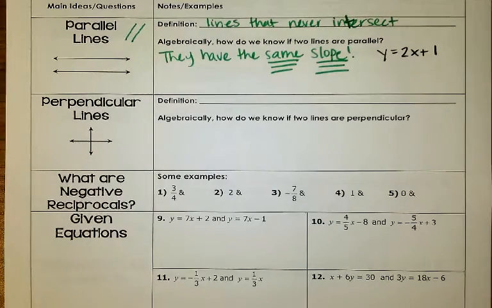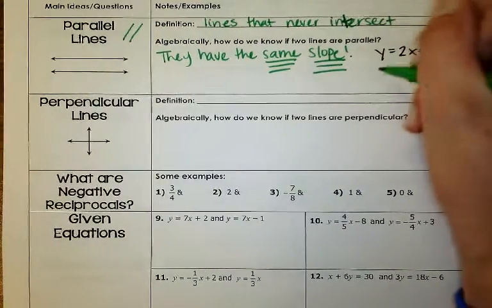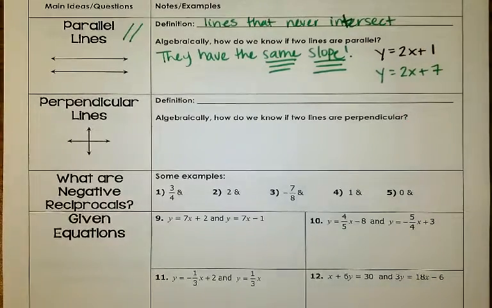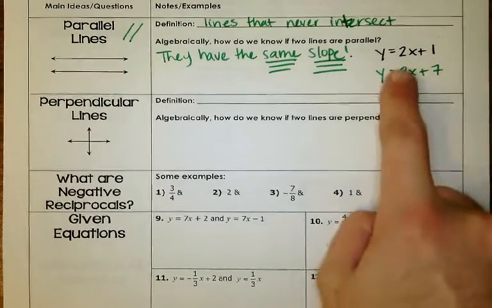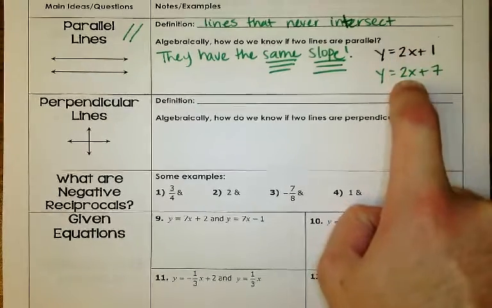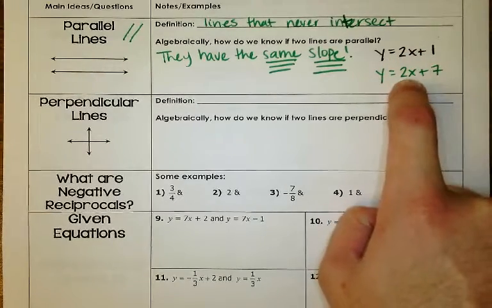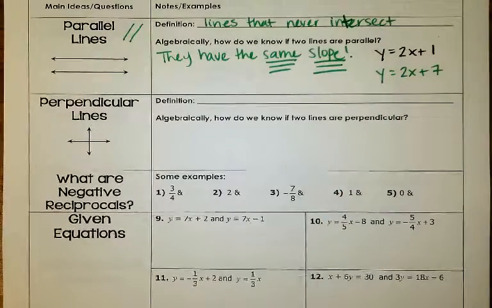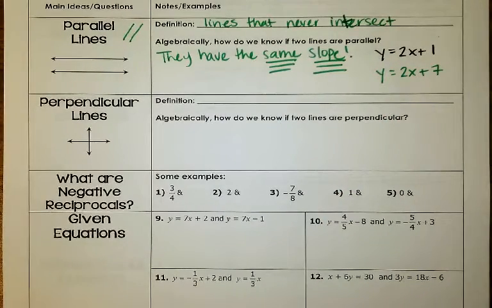A parallel line to that would be y equals 2x plus 7, or y equals 2x minus 5, or y equals 2x minus 7. Because what matters about them being parallel? The slope, okay? So if we have two lines that have the exact same slope, then they are parallel.